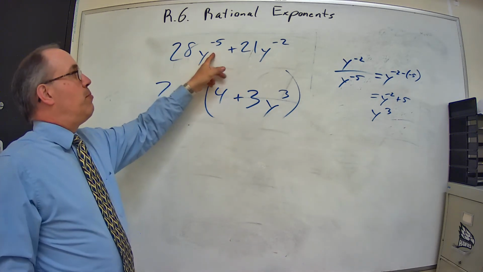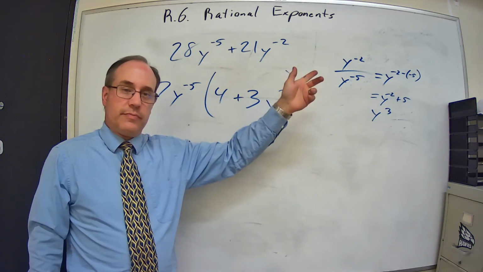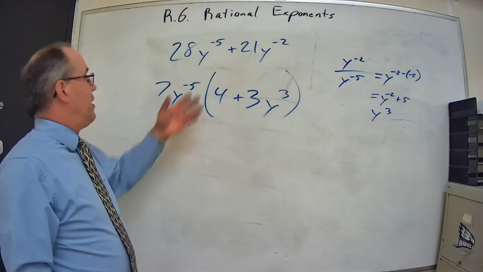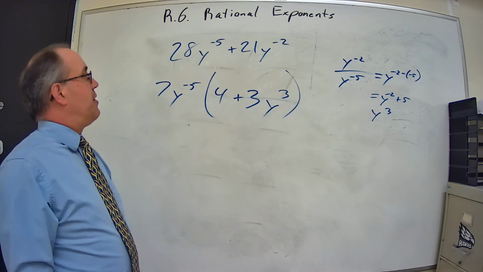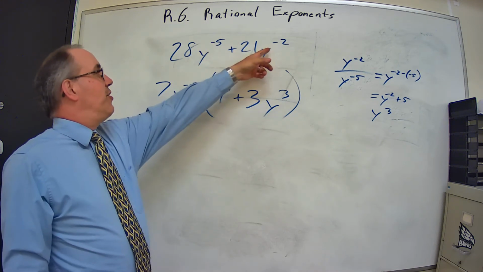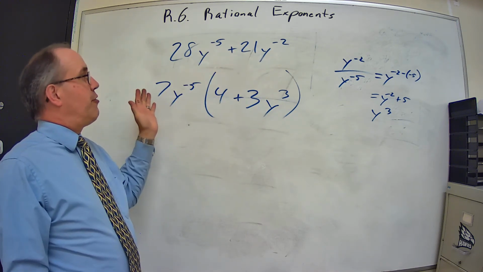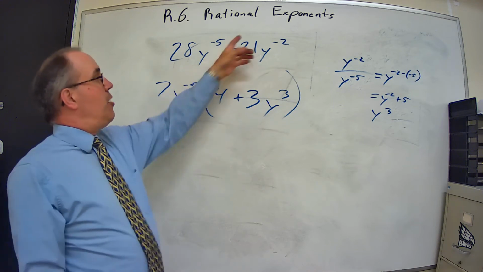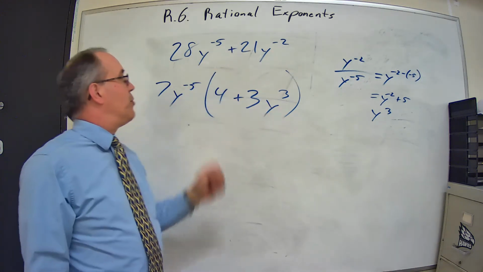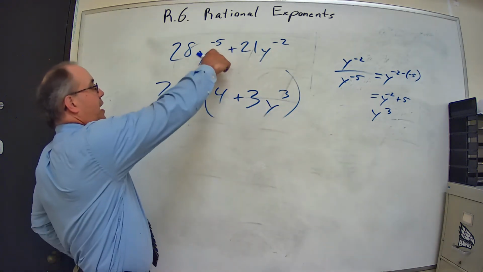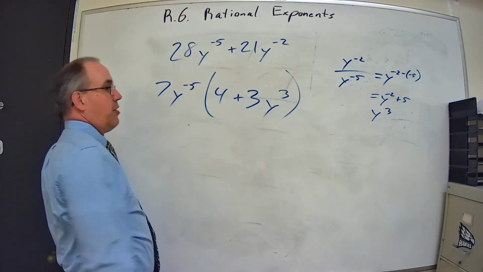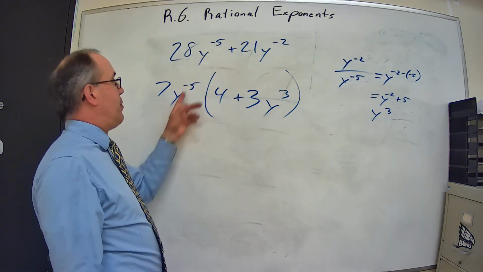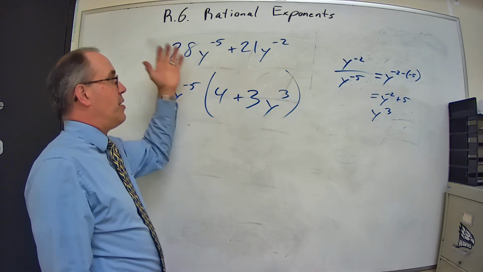We're going to look for the most negative exponent and pull that out, and then the difference between that is going to be what your exponent is. Y to the negative 5 divided by y to the negative 5 is going to give me y to the 0.